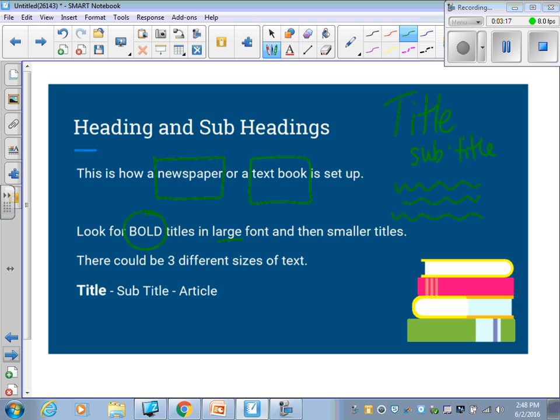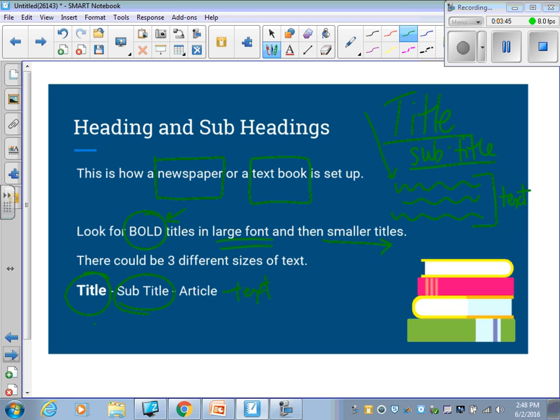These titles are going to be in larger font, and then they're going to decrease. You have something really big and a little smaller, and this is your traditional text in print. It could be up to 3 different sizes. Again, title, subtitle, and then the article, which is your text.